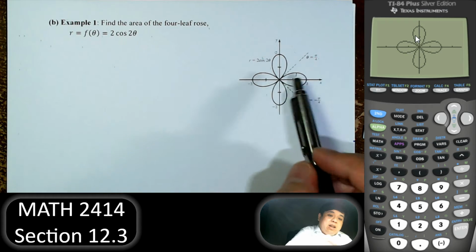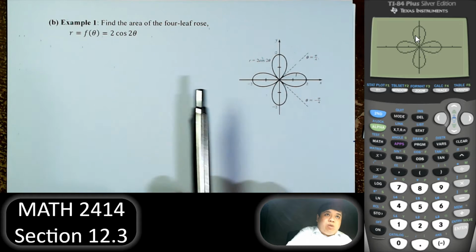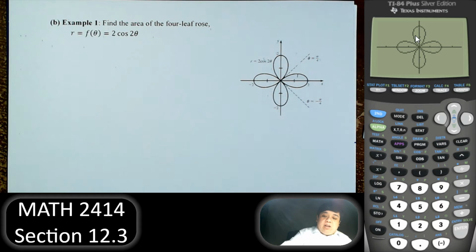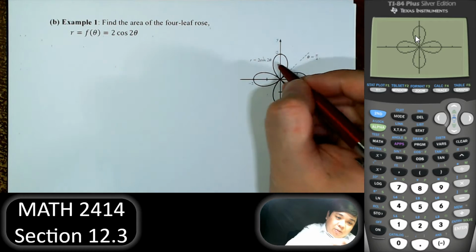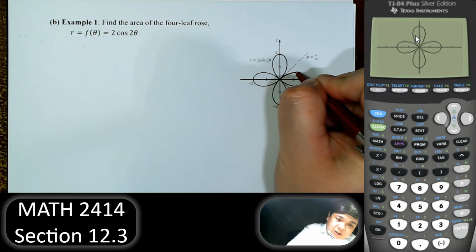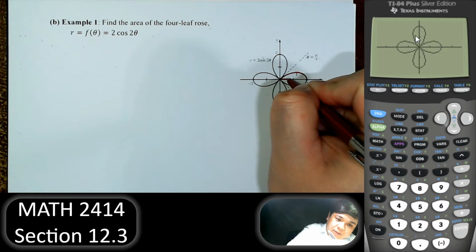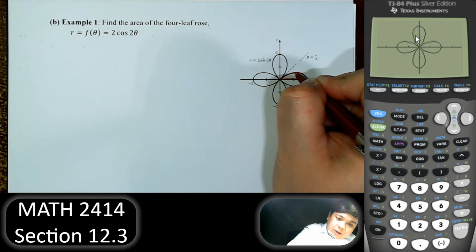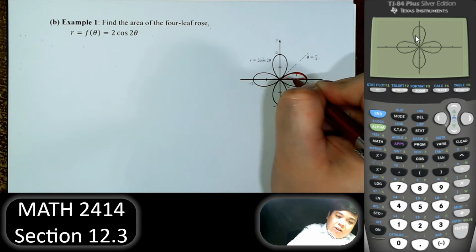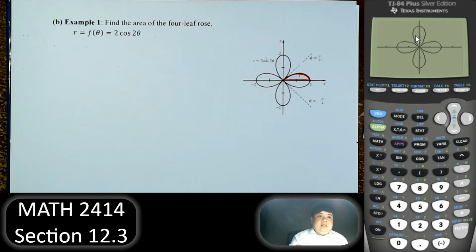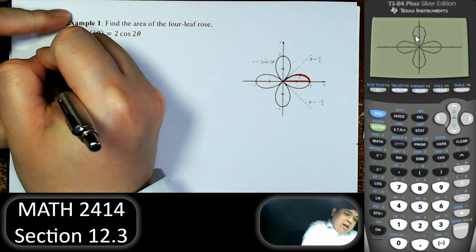Even better, each petal is symmetric by itself. So if we just find the area of 1/2 of the petal, multiply by 8.